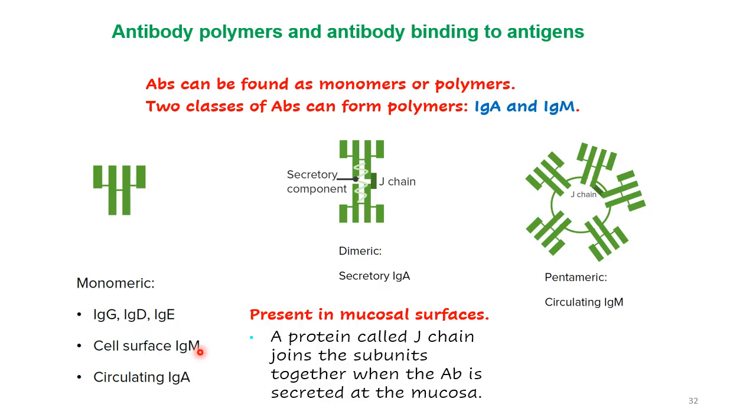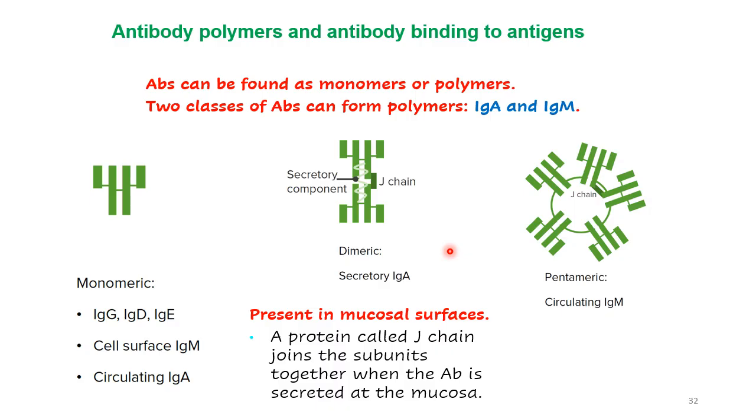So IgM, when it's on the surface of the B cell, is also monomeric. Another monomeric antibody, in the blood circulation, is IgA as a monomer. So all 5 types of antibodies have some part of their lifetime in which they are monomeric.